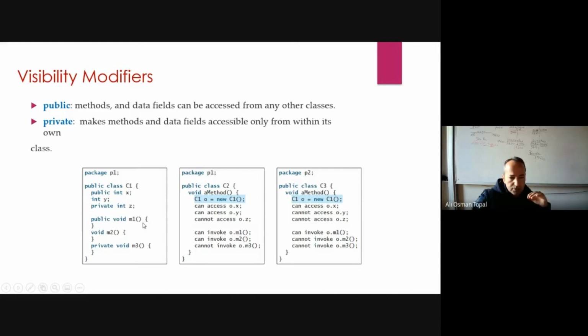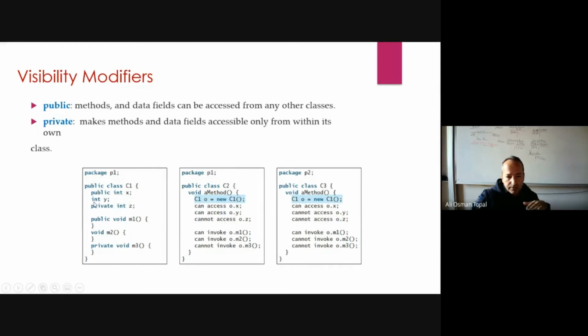Same thing for methods. You can call all the methods which are public or you didn't define anything, but you don't have access to a private method, even if you are in the same package. If you are in another package and create the object of C1, it's the same. Since this is public, you can access it.